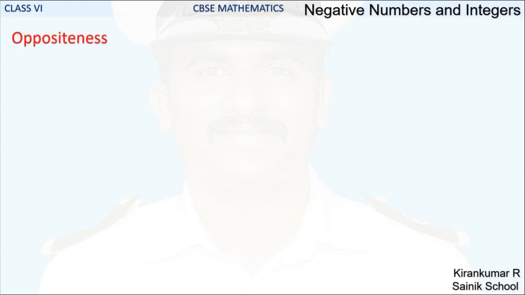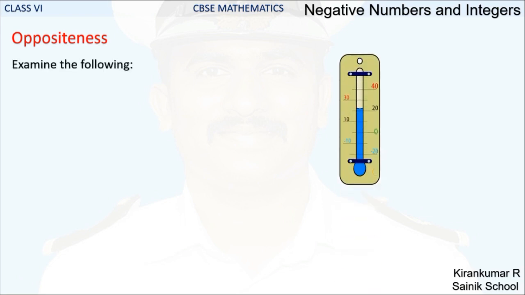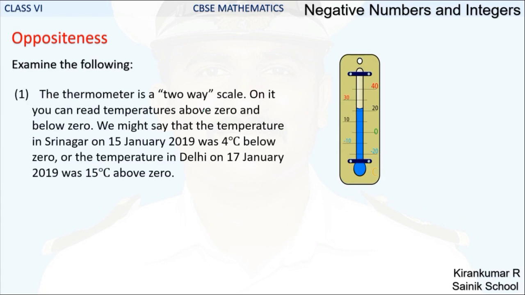We have a concept called as oppositeness. What does oppositeness refer to? I'll be giving some examples. You can examine the following. It is a thermometer. Thermometer is a two-way scale. On it, you can read temperatures above 0 and below 0.